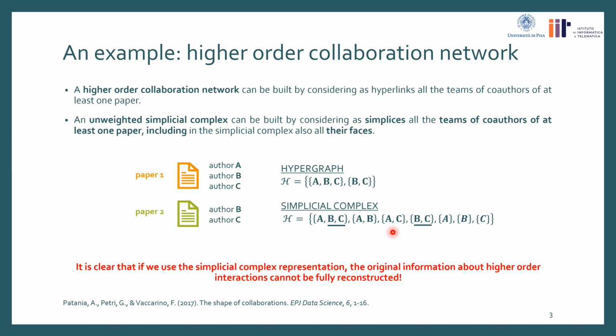So in this sense, the hypergraph appears as a more general and more faithful representation of the information you have about the higher order collaborations here. And the simplicial complex as it is, so in this unweighted version, does not allow to fully reconstruct all the original information about what groups of authors co-authored what paper, okay?